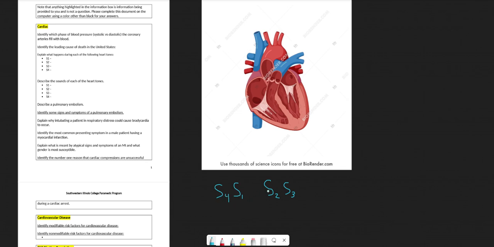So S1, S2, these are your normal heart sounds. And right after S2, there's S3. And then there's a pause, and then there's S4. And then quickly after S4 is S1. That's all I got for describing them. I'm not sure what they really want me to say about that.